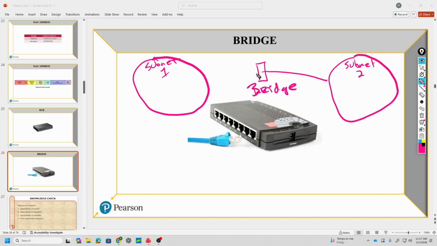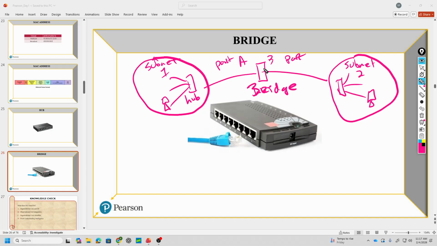I'm connected here, I'm connected here. I got port A, and over here, I've got port B, okay? Inside of here, I've got a hub. And off of that, it's my devices. Over here, I've got a hub. And of course, my device is connected over there, right?